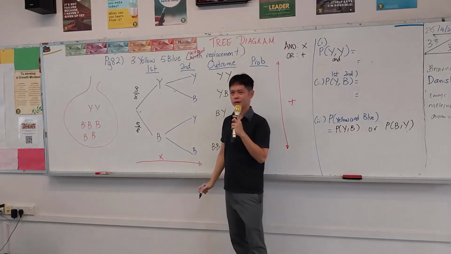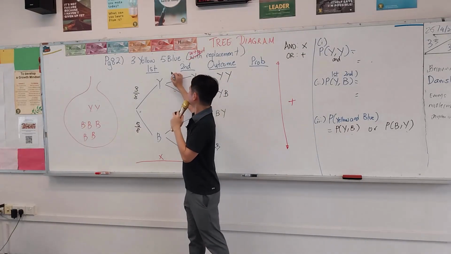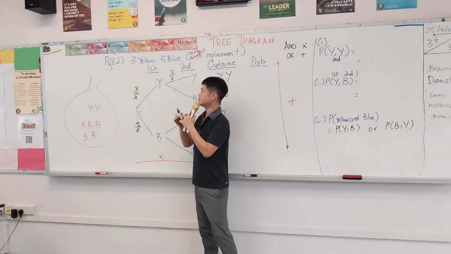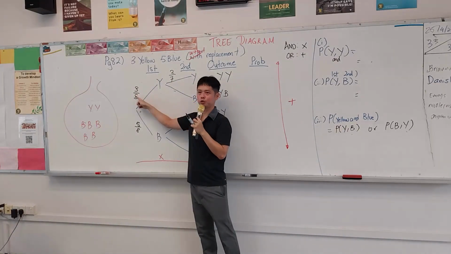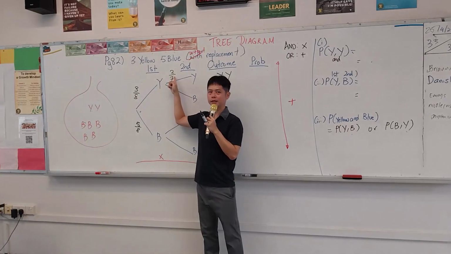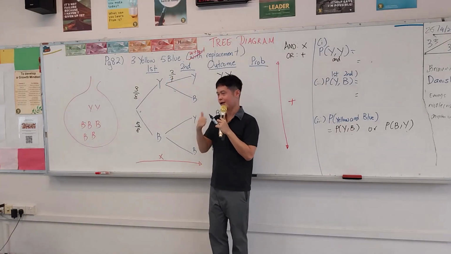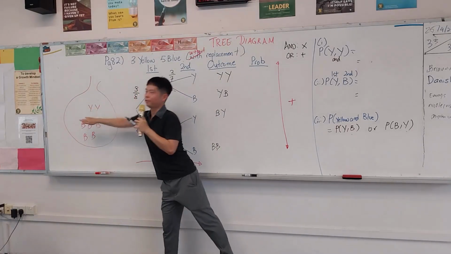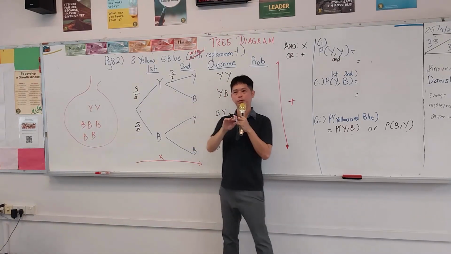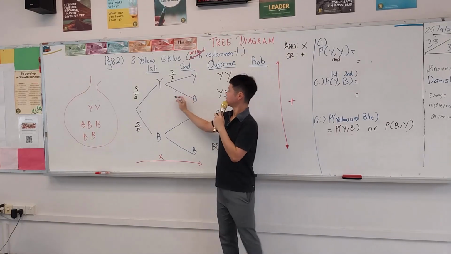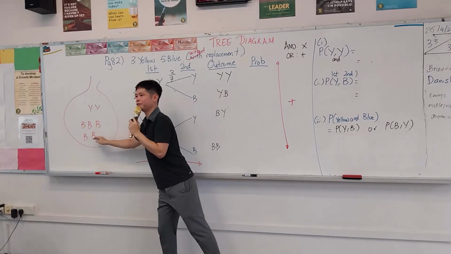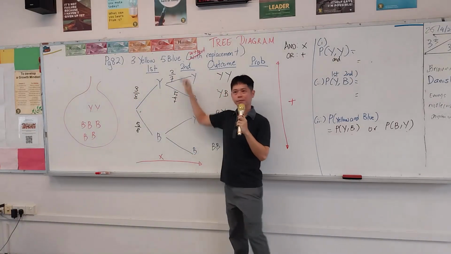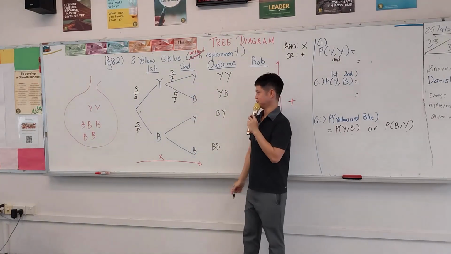Look at the picture. 2 over 7. You notice the numerator dropped by 1 because I drew 1 marble already, and the denominator dropped by 1. Now, I draw the first one yellow. What's the probability the second one is blue? 5 out of 7. Add these 2 numbers up, it's still 1.